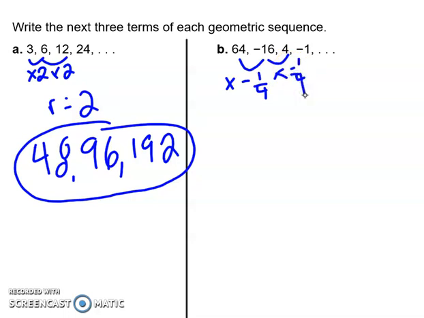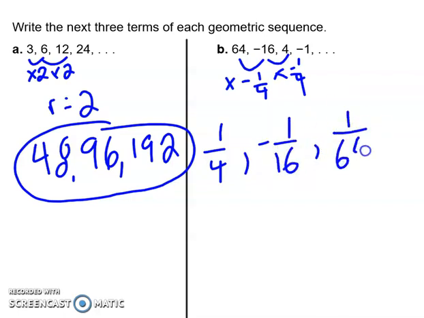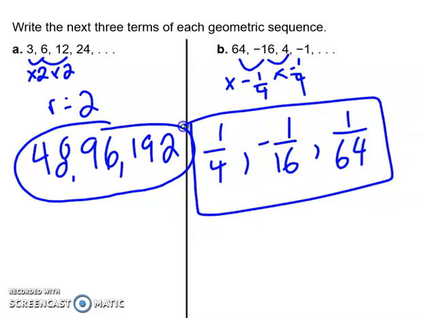So if I'm at -1, I multiply that by -1/4, and I get 1/4. I then take 1/4 and multiply by -1/4. I get -1/16. And then I do it once more, and I get 1/64. Sweet, cool.